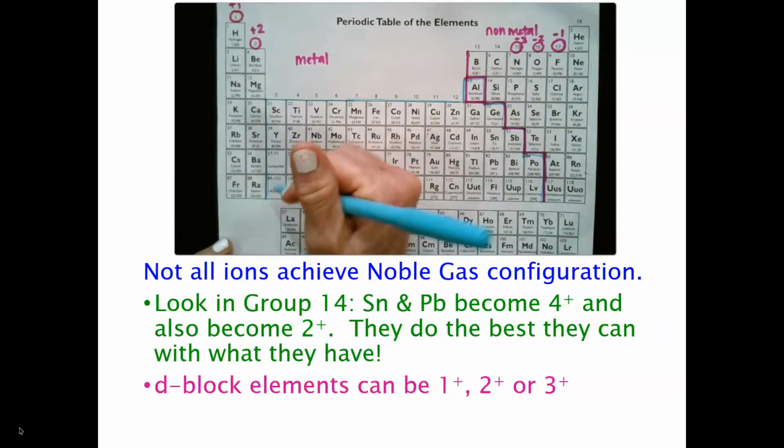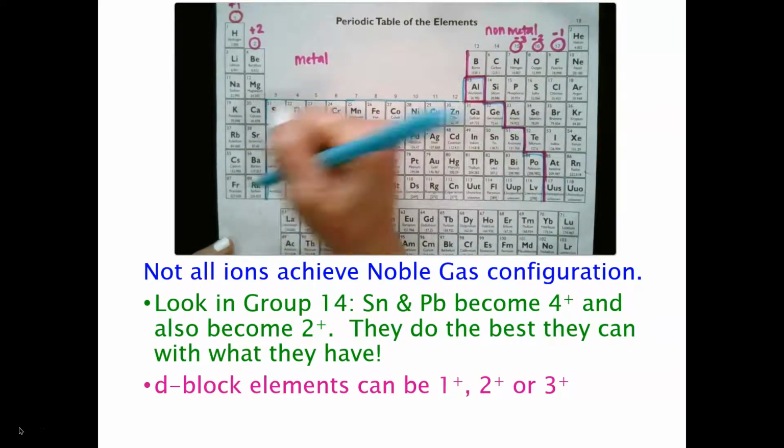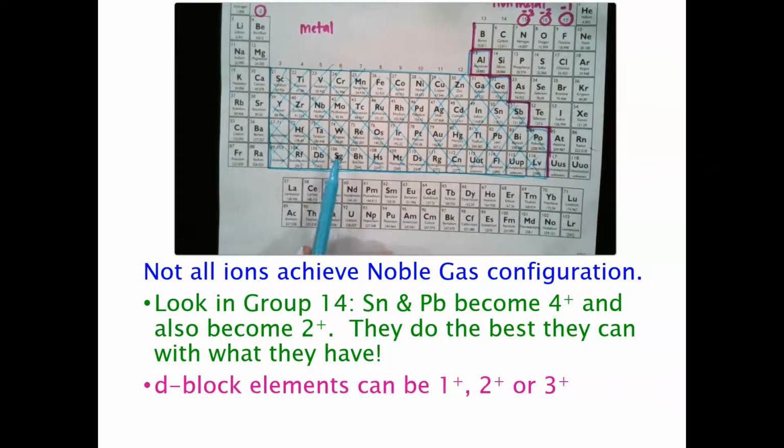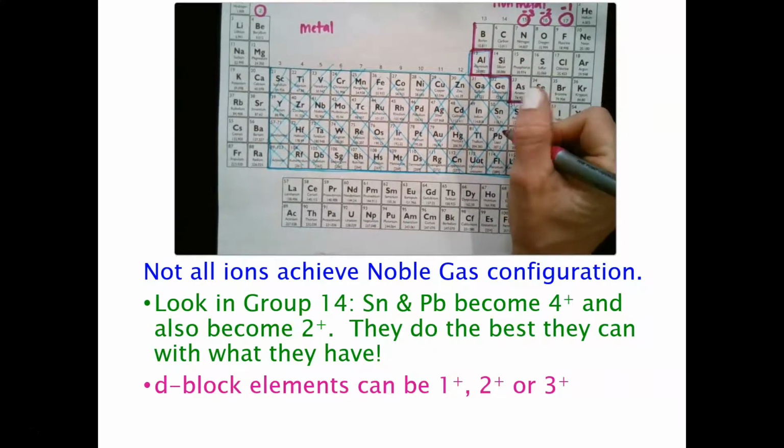This little group here has a lot of variation. So this group that I've kind of quartered off in blue here, these ones can have multiple charges. So things like tin, which is in group 14, or lead, which is also in group 14. So we're just going to look at them really quickly. Tin is right here.